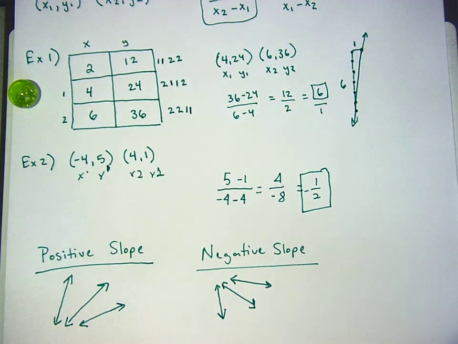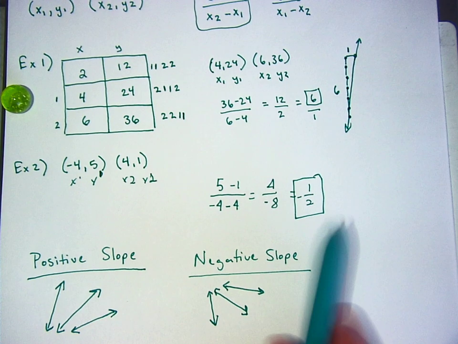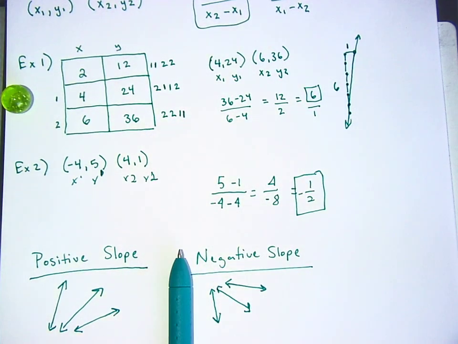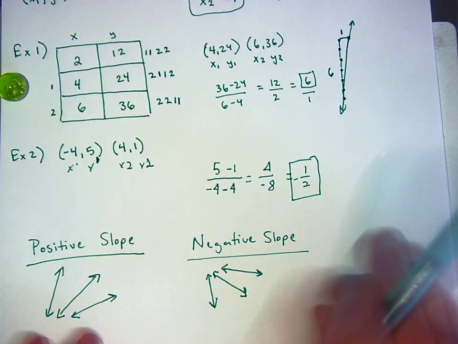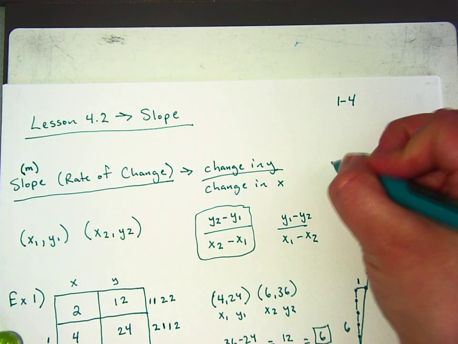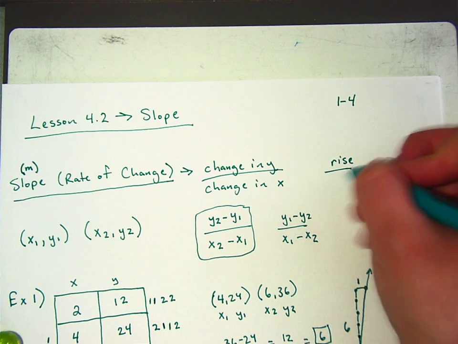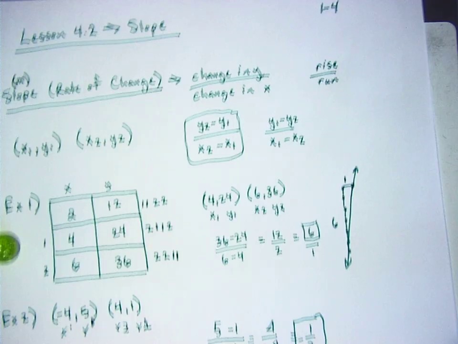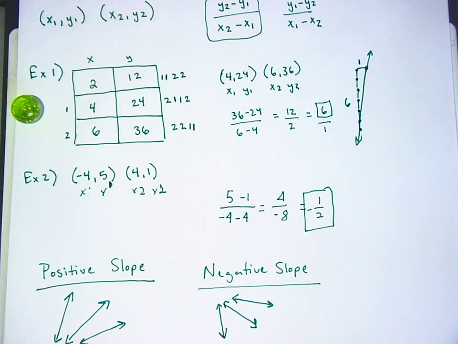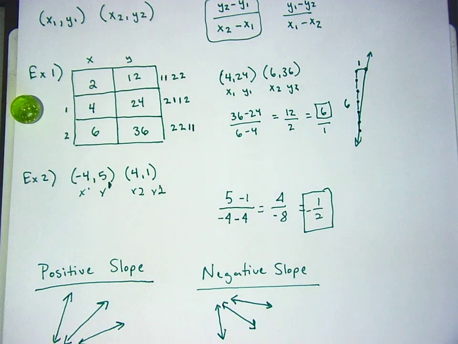Okay, for my final prize, I want somebody who wants to come up here and draw me a slope of -1/2. Right next to this one. Remember, it's rise over run. I'm going to write rise over run. That means you go up and down first and then left and right. So the number on top goes up and down. And the number on the bottom goes left and right.